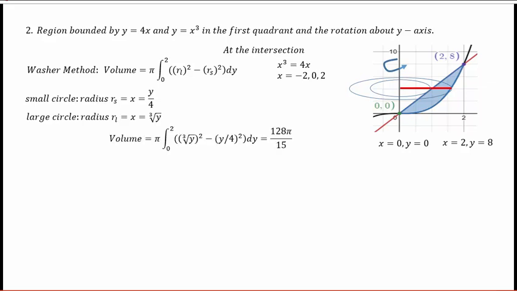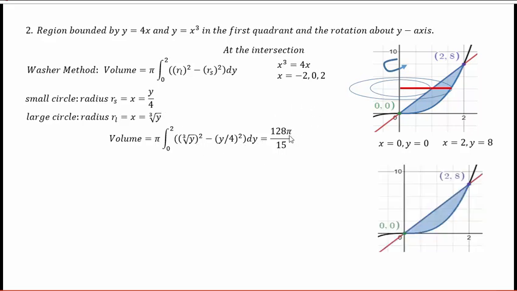So now for the volume, we write pi, and as you know, the larger circle radius squared minus the smaller squared, and then simplify. Next we'll be doing the cylindrical shell method. You need to identify all this. Place your cylinder, and the cylinder is moving on the x-axis, so it will be 0 to 2.